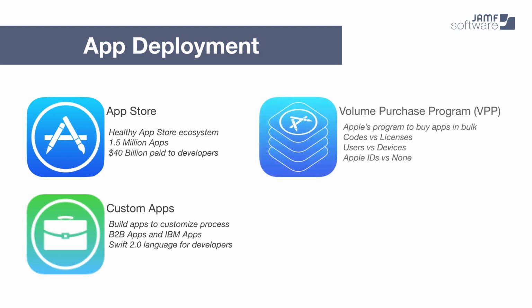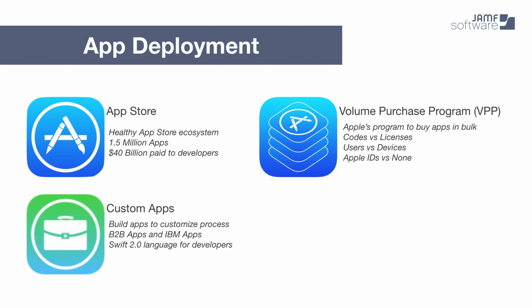We'll use something called Apple's Volume Purchase Program, or VPP. This allows you to buy apps in bulk from Apple. And you have a few different ways to deploy these. You can either give your users codes which transfer the ownership to them, or you can license apps to your users as well, so the organization retains control of it.